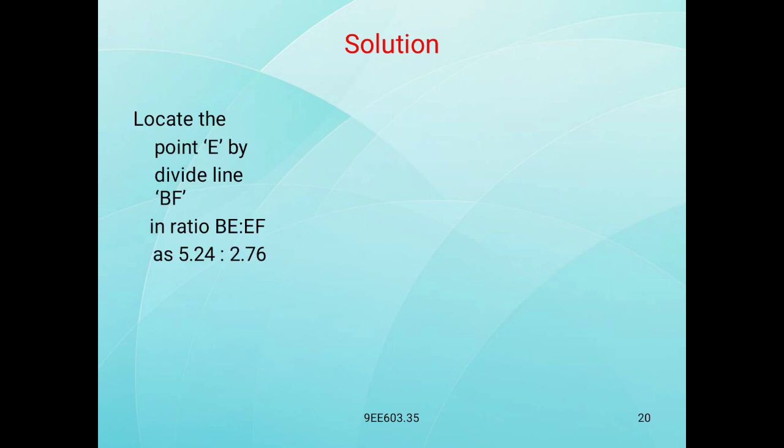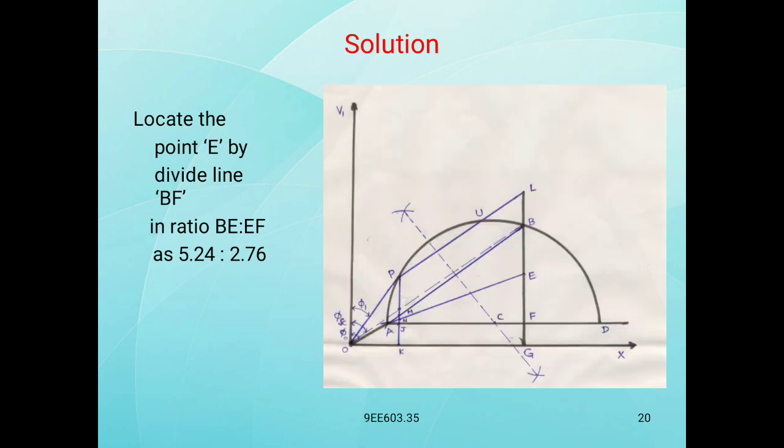Locate point E by dividing line BF in the ratio BE and EF, BE is 5.24 and EF is 2.76.